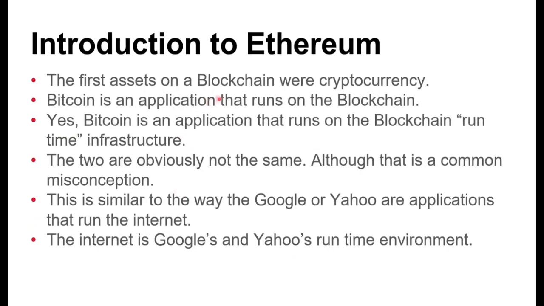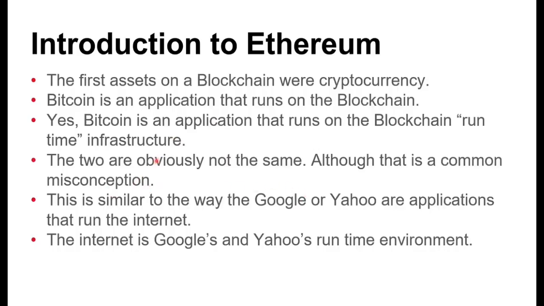The first blockchain assets were cryptocurrency. It's agreed upon that the first modern blockchain application was Bitcoin. So Bitcoin runs on a blockchain. So yes, it is the Bitcoin application that runs on the blockchain infrastructure.